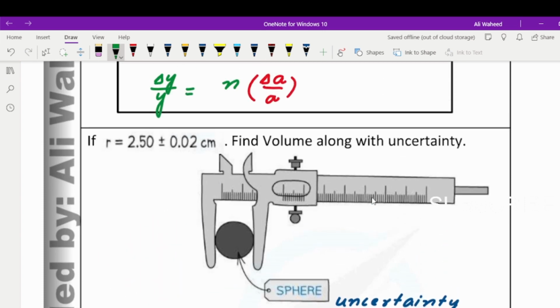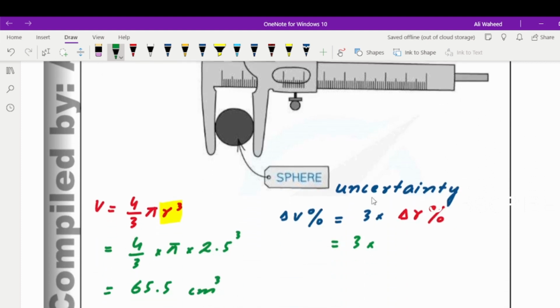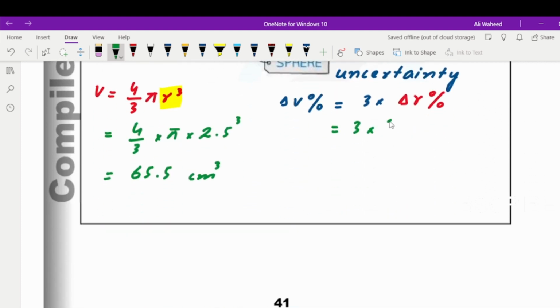Now what is the percentage uncertainty in radius? It would be 0.02 divided by 2.50 multiplied by 100. We studied that already. 0.02 divided by 2.5. Once again, if you don't know how to find the percentage uncertainty, please take a look at the previous part of the video. So this will be 3 times, what do we get here?